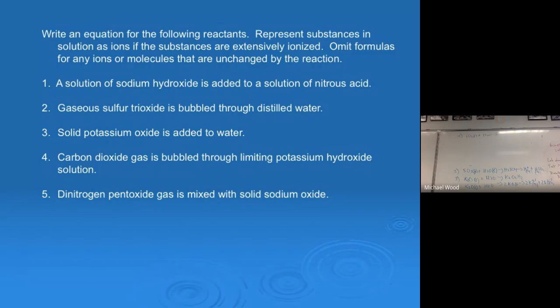If it's a solution, it's water. And so it's going to be like number 2. We have a non-metal carbon, a non-metal oxide, plus H2O is going to make H2CO3. Okay, not the point of the problem, but you know the name of H2CO3? Carbonic acid. Very good, Alan.